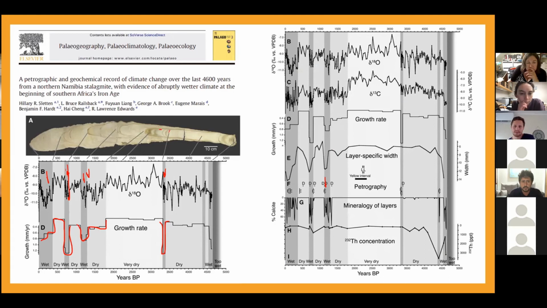So the authors also measure the layer width. And this is quite interesting because you have here a physical aspect of the speleothem that is related to this hydroclimate variability.